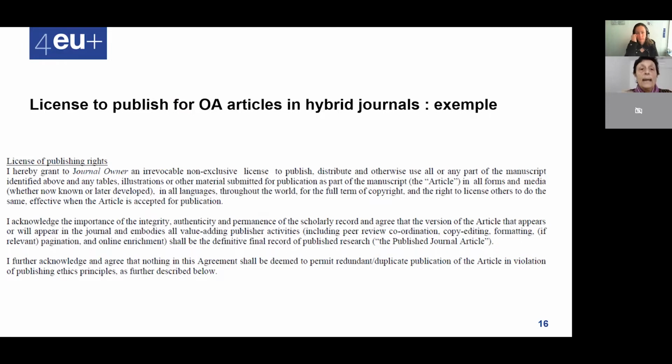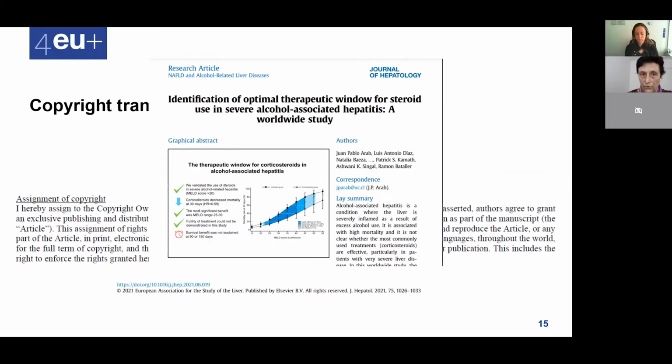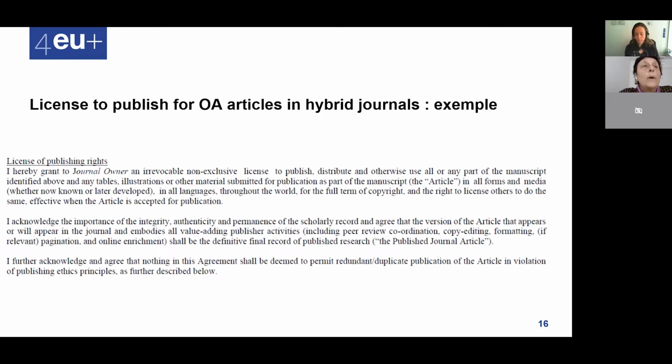Here we have another situation, when we publish an open access article in the same hybrid journal, the Journal of Hepatology. Here we pay in order to have an open access article. And we don't transfer all rights in an exclusive way to the publisher. We grant a license to publish to the publisher. What does it mean?